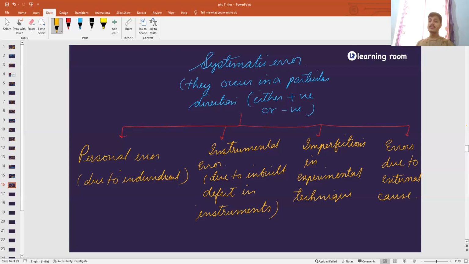Do you know that? It expands on heating and contracts on cooling. So due to that also some errors can come. That is inevitable. You cannot control the temperature unless you do the experiment in a lab where you can control it. So these errors are there.